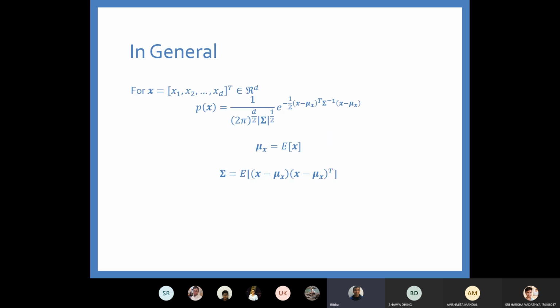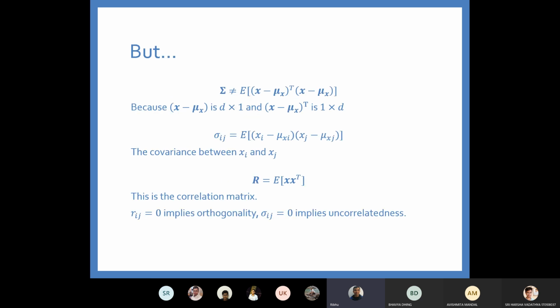So if you look at this, this is a d times 1 times 1 times d, which is a d times d matrix. And if you look at this sigma, this is a scalar essentially. So this is how the two are different.